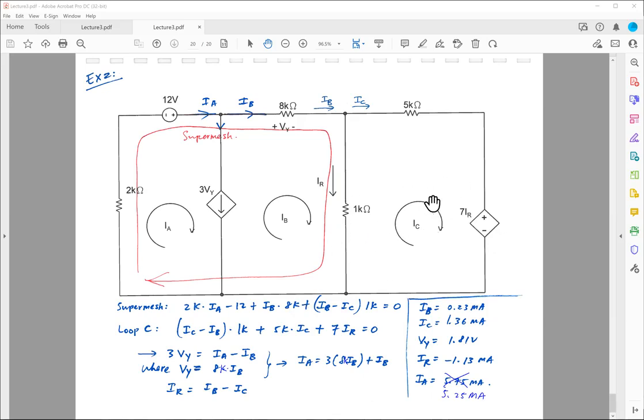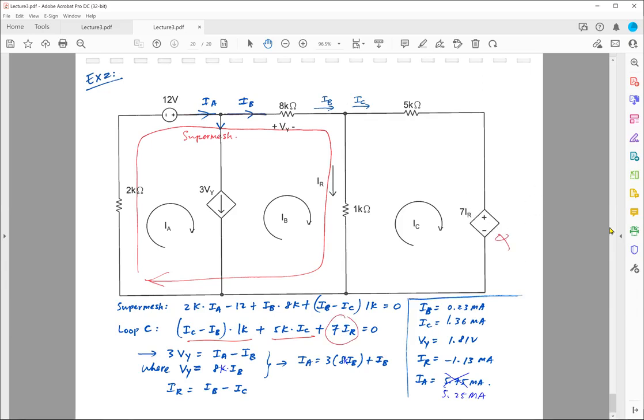So let's look at loop IC first. IC minus IB times 1K, going clockwise, plus IC times 5K, plus 7 times IR. 7 times IR is this current-controlled voltage source.